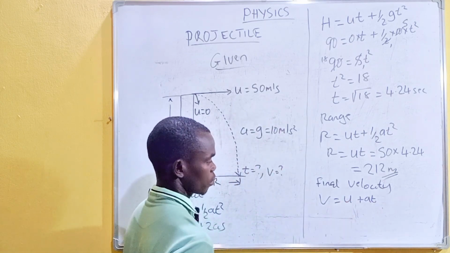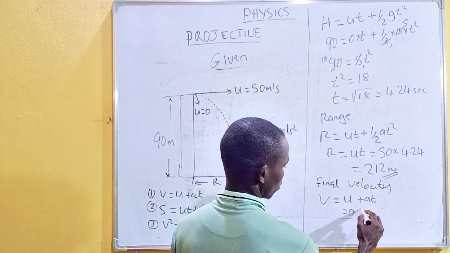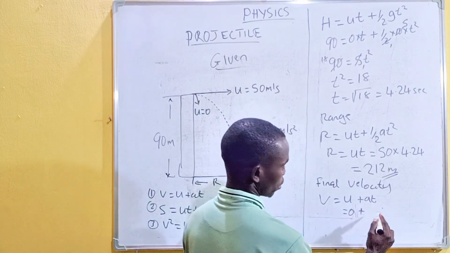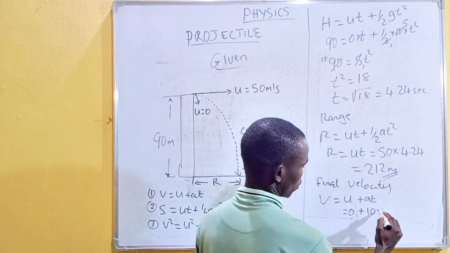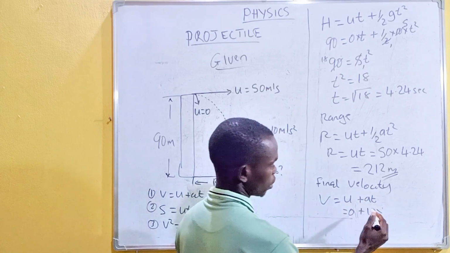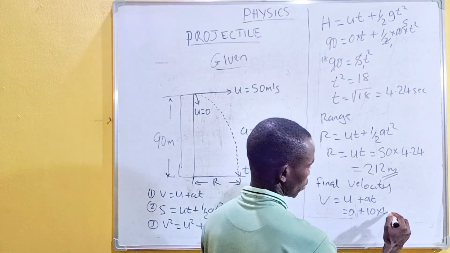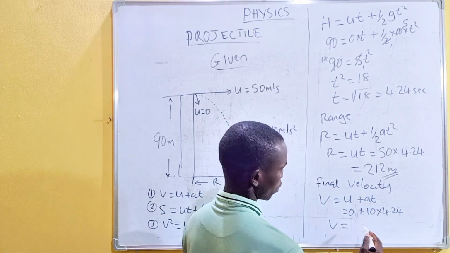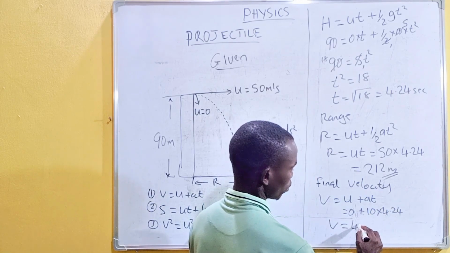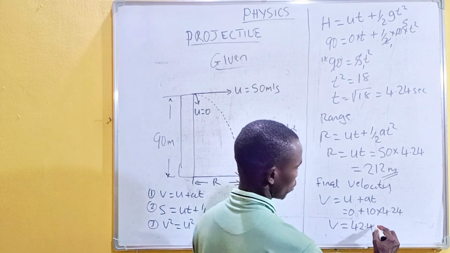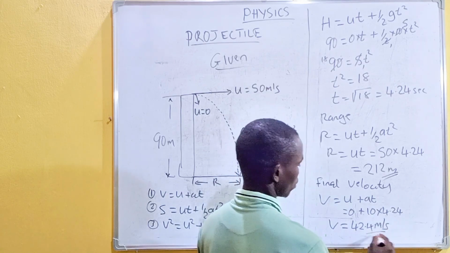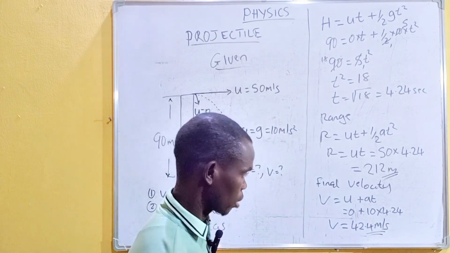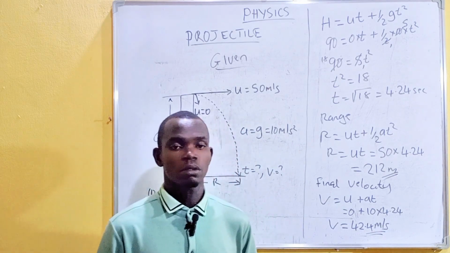Our initial velocity is 0 plus acceleration 10, which is the acceleration due to gravity, times the time 4.24. So our final velocity will now be 42.4 meters per second. These are the answers to these questions.